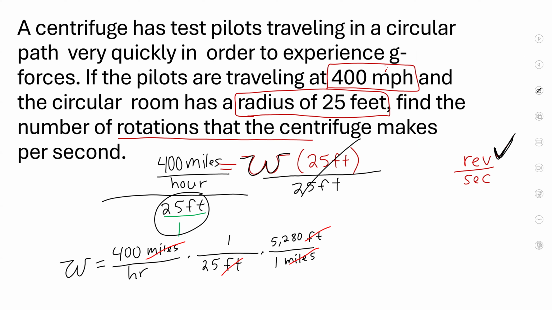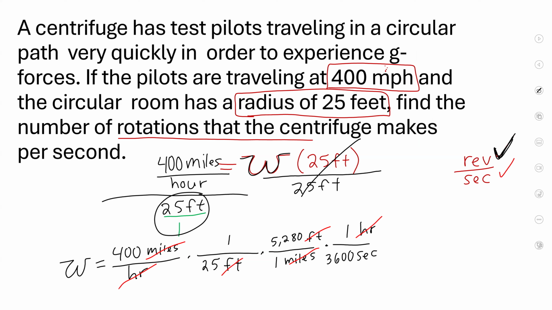Okay. I don't want hours. I want seconds. So I'm going to multiply by putting hours on top. How many seconds are in an hour? Exactly, 3,600 is in 1 hour. So notice hours cancels out with hours.